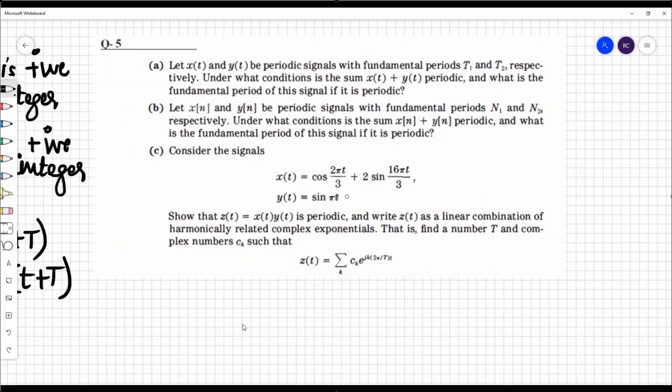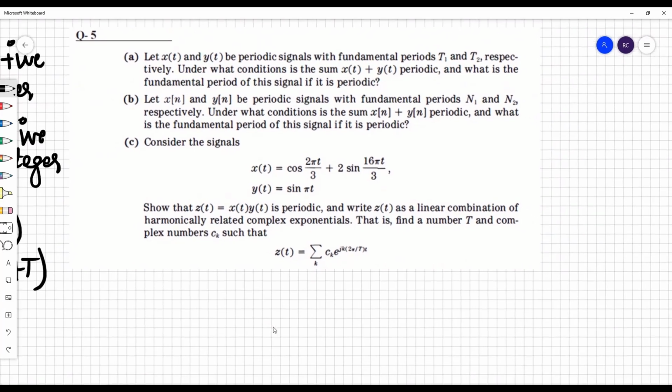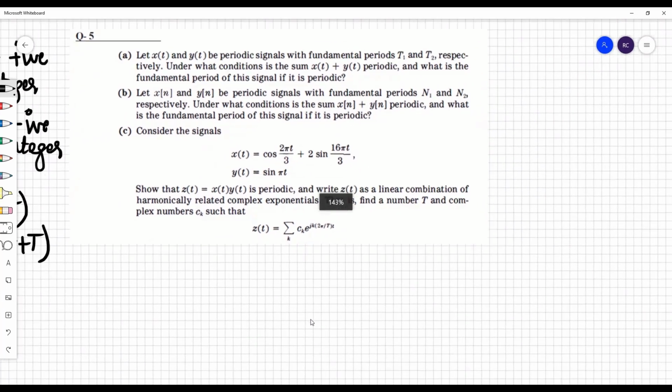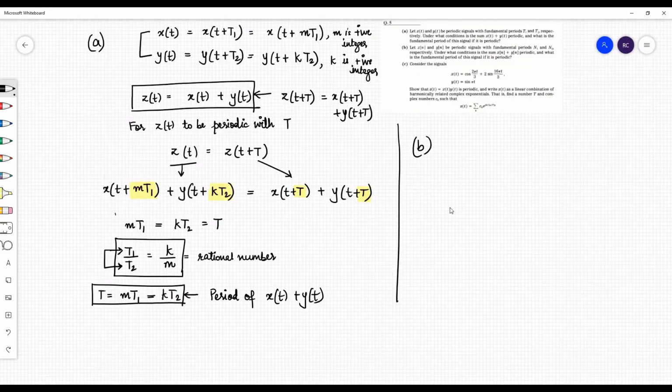Moving to part B. One very interesting thing about this particular part is that the moment you arrive at this relationship, in discrete time, how does that look? M times N1 is equal to some k times N2, and this should be equal to the actual period N, right? And then you would say N1 upon N2 is equal to k by m.